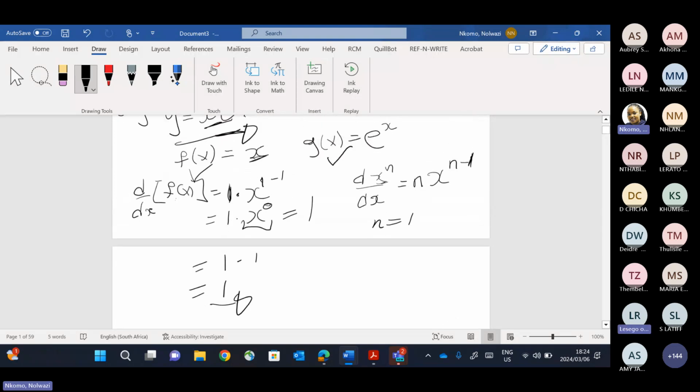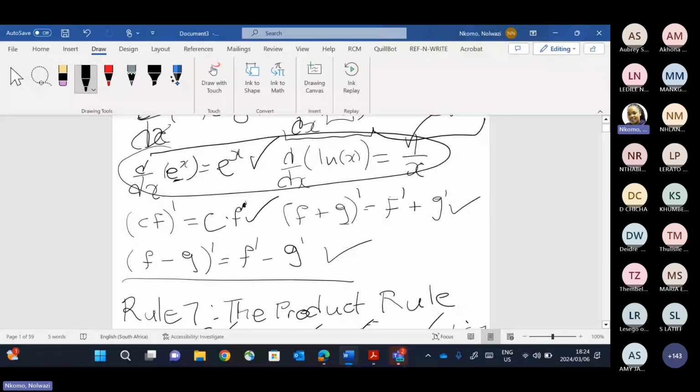We want to find the derivative of e to the power x, right? You go back to your rules. Here on our rules, we have this similar function e to the power x, right?